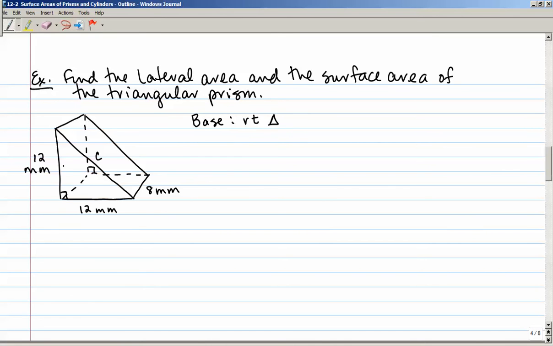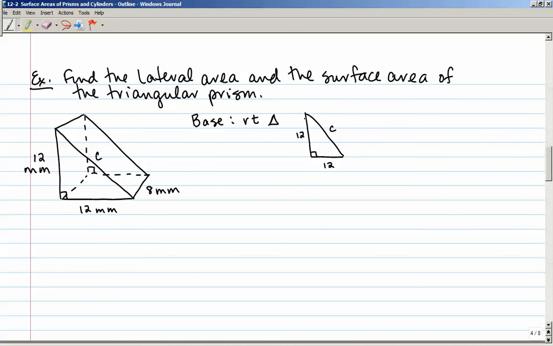It's this right triangle in the front here, and maybe I'll just go ahead and draw that. That is 12 by 12, and this is labeled C. So there's a couple things I need to know about that. I need to know the perimeter of that, and I'll need to eventually find the area of that. So let's start by finding the perimeter.